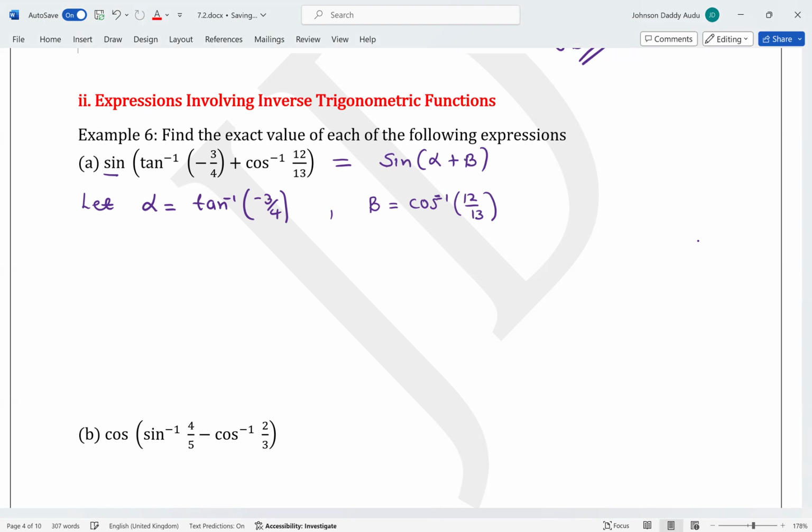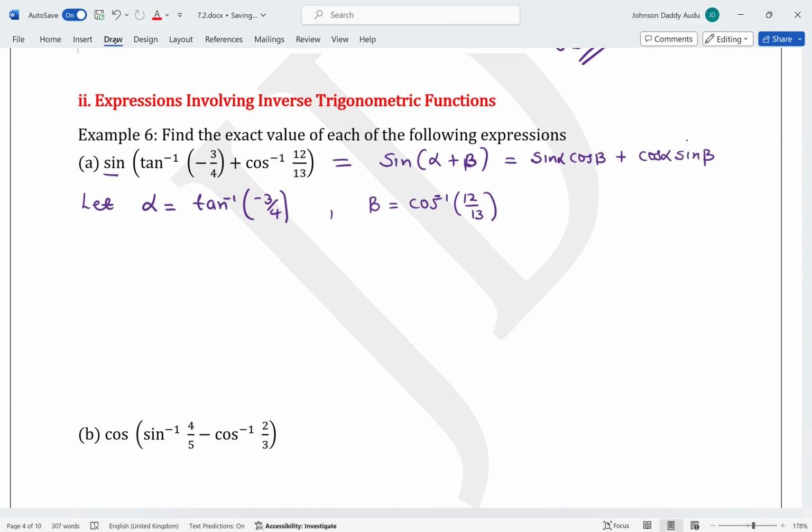Can you see that? Just by making these two substitutions. And this means that this is going to be sine alpha cosine beta, plus cosine of alpha sine of beta. This is what it is, yes?